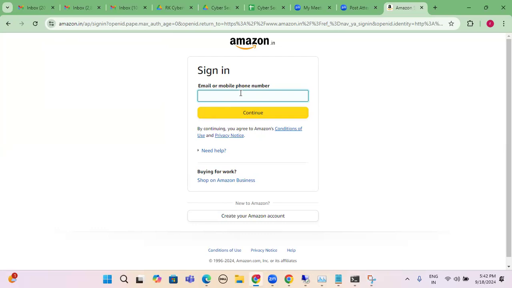Applying the password or key to the plain text or normal text is called encryption, which we discussed several times. So this is my plain text or clear text, my email address and phone number. The backend server of Amazon India provides the public key to me. Using that public key, I am entering data and applying the key so that it becomes encrypted text. In such a way, this encrypted channel forms and the data is sent to the backend web server of Amazon.